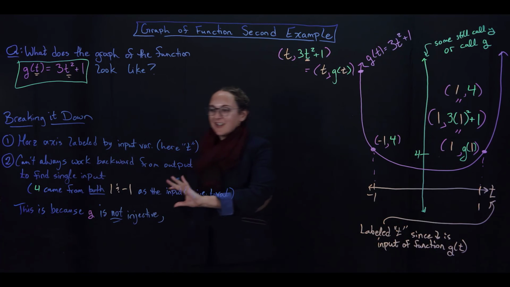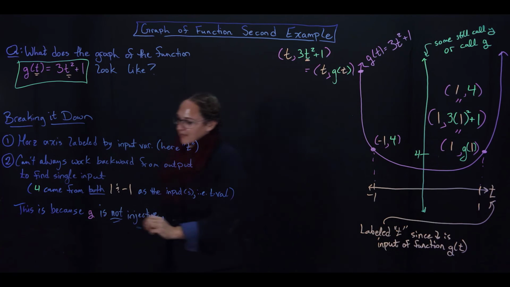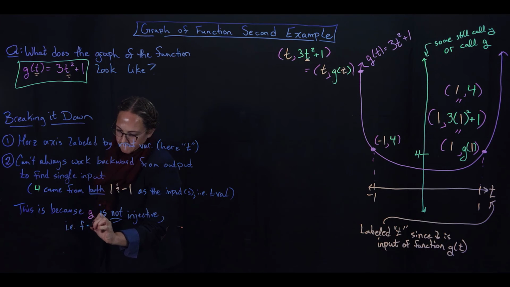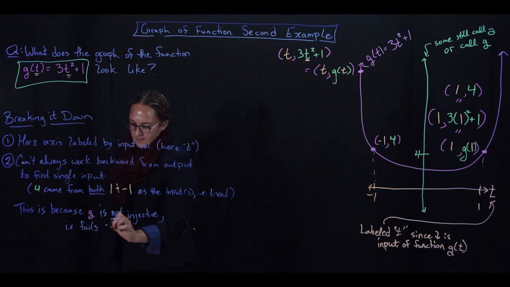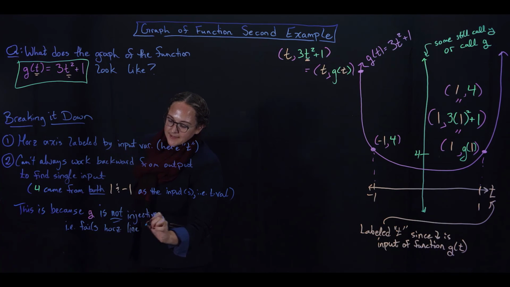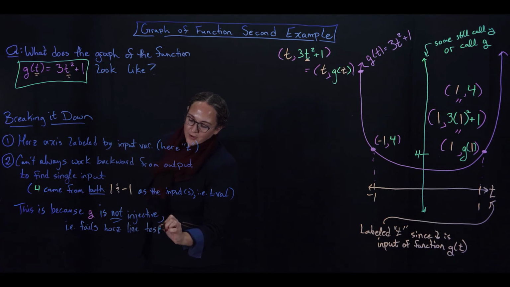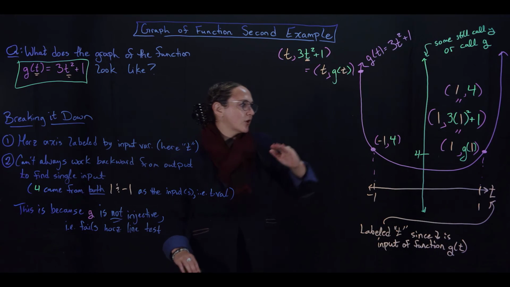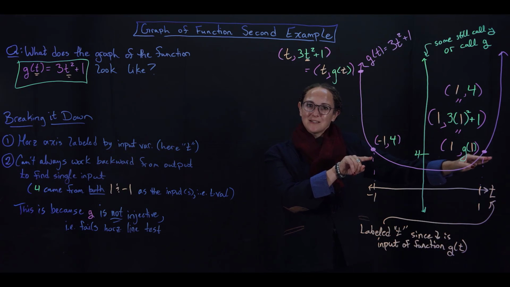Another way to say that is that it fails the horizontal line test. That's a way to test for that. It means you get 2 points on the graph at the same horizontal height, the same level. We can draw a line through here and we hit the graph twice.